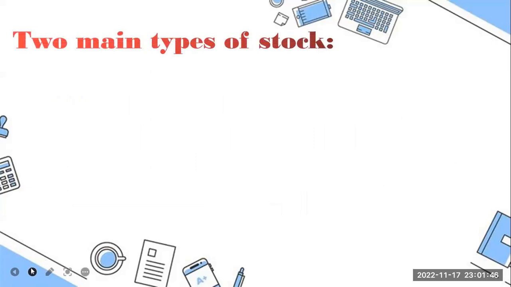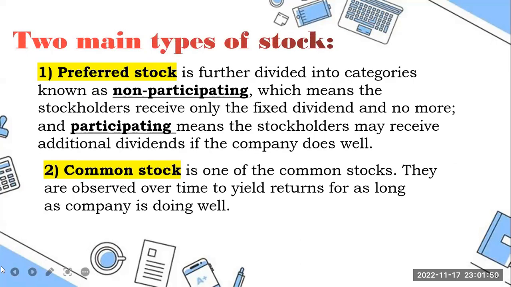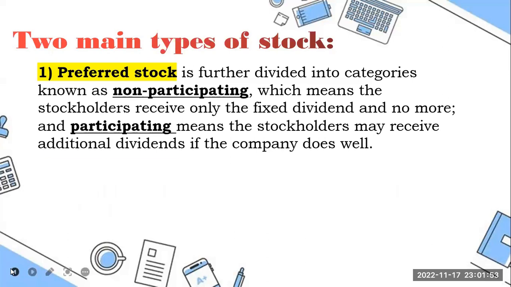There are two main types of stock, the preferred stock and the common stock. So, dun muna tayo kay preferred stock. When we say preferred stock, this is further divided into categories, the non-participating and the participating. So, what's the difference between these two? Non-participating, which means the stockholders receive only the fixed dividend and no more.